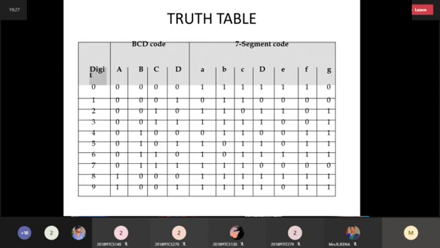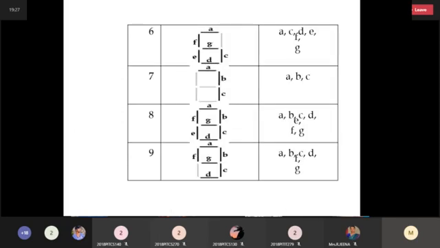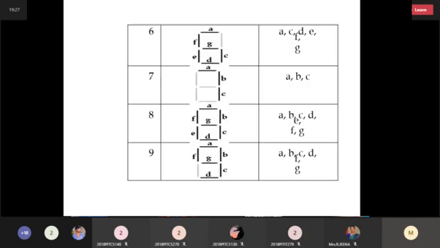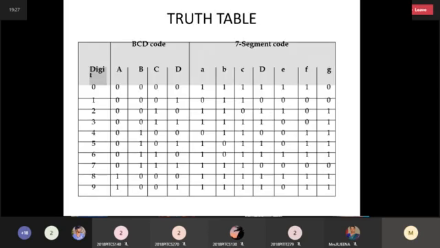Next, 6. 6 means A, C, D, E, F, G only 1, other variables are 0. Next, 7. 7 means A, B, C only 1, other variables 0.